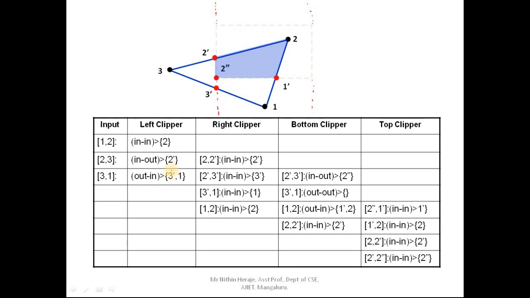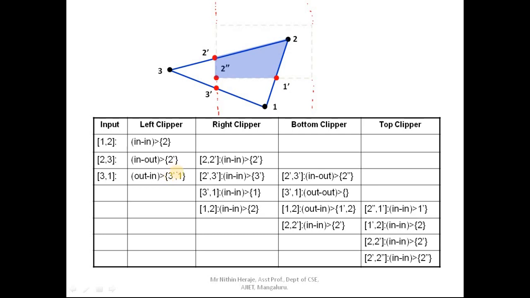Both are toward the left side of this line, hence treated as inside, so in and the output will be 3 dash.